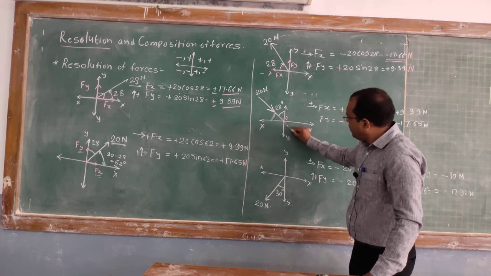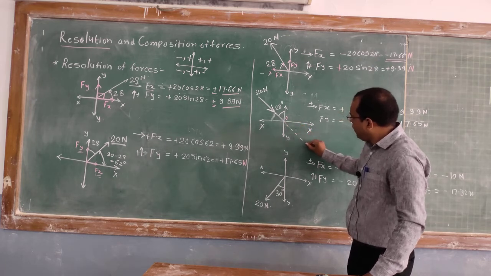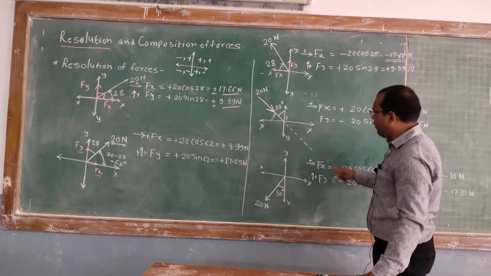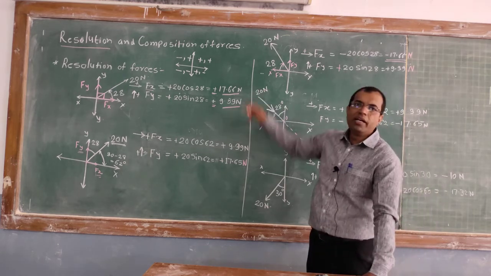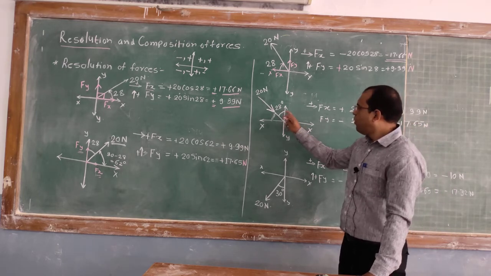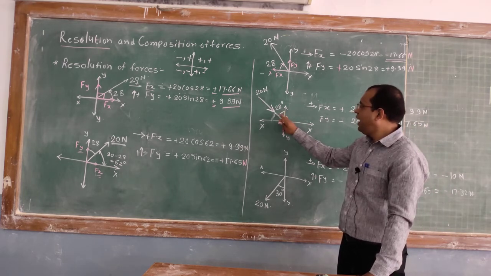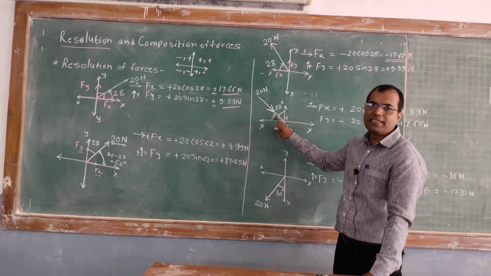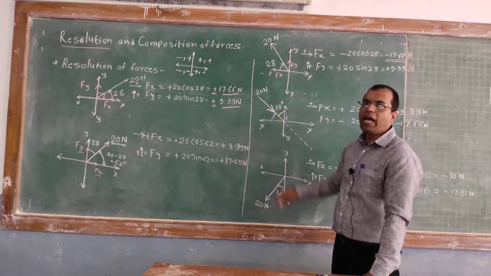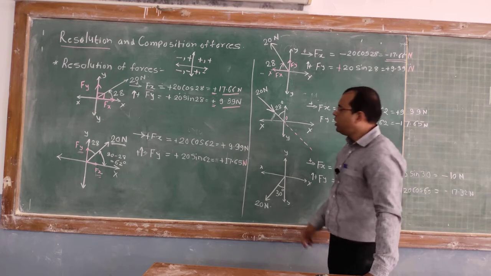By using the principle of transmissibility, we can find this force: we can show this force anywhere on its line of action. This force makes an angle of 28 degrees with respect to the y-axis. When the angle is given with respect to the y-axis, first we have to find the angle with respect to the x-axis.